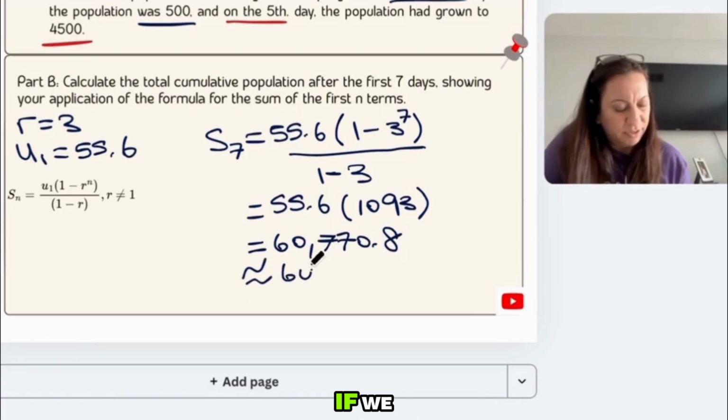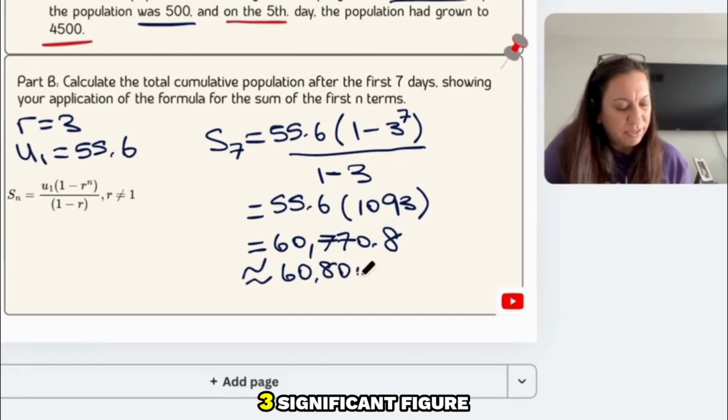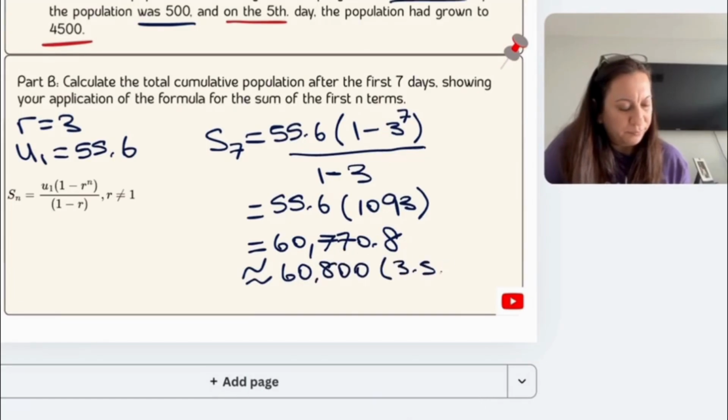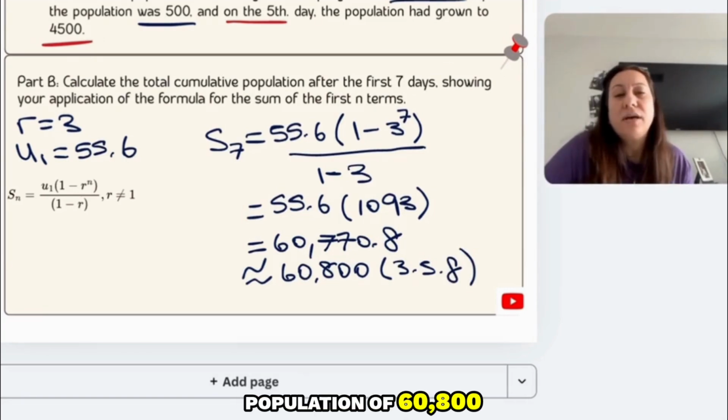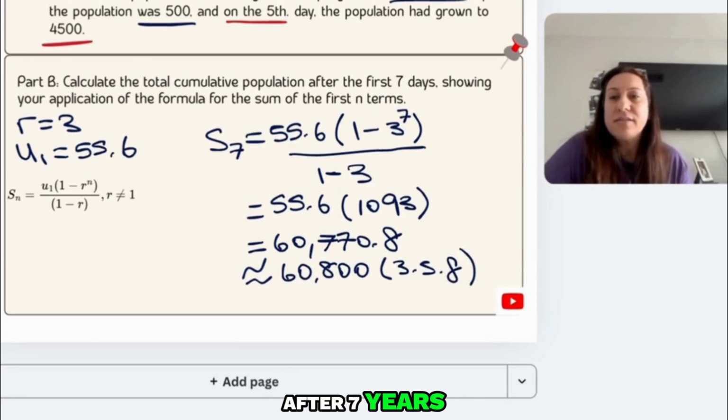So if we give the answer to 3 significant figures, we get the population of 60,800 after 7 years.